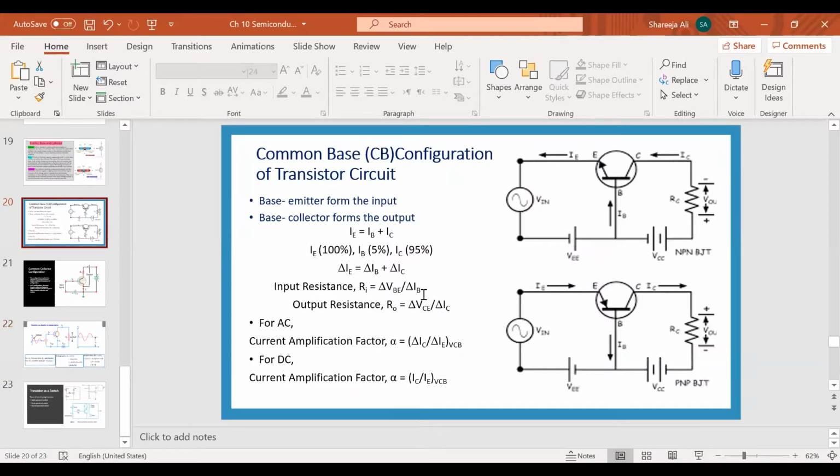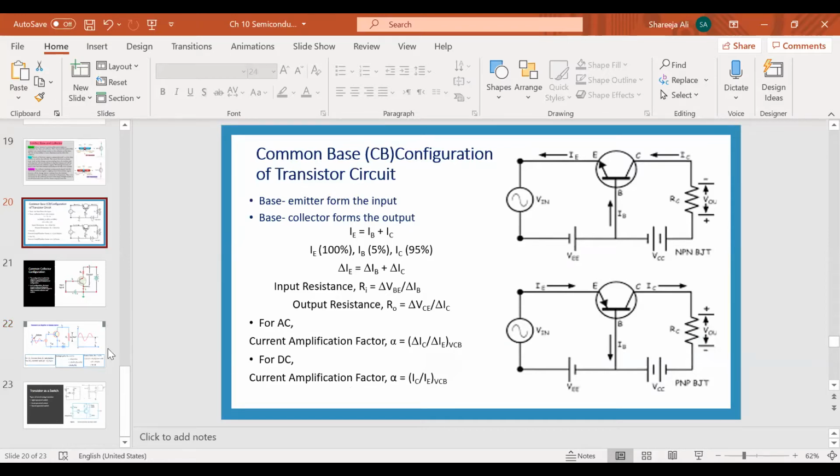For common base configuration, the current amplification factor alpha is equal to IC by IE, right? Where IC is less than IE, the output current is less than the input current. So the current will not be amplified.